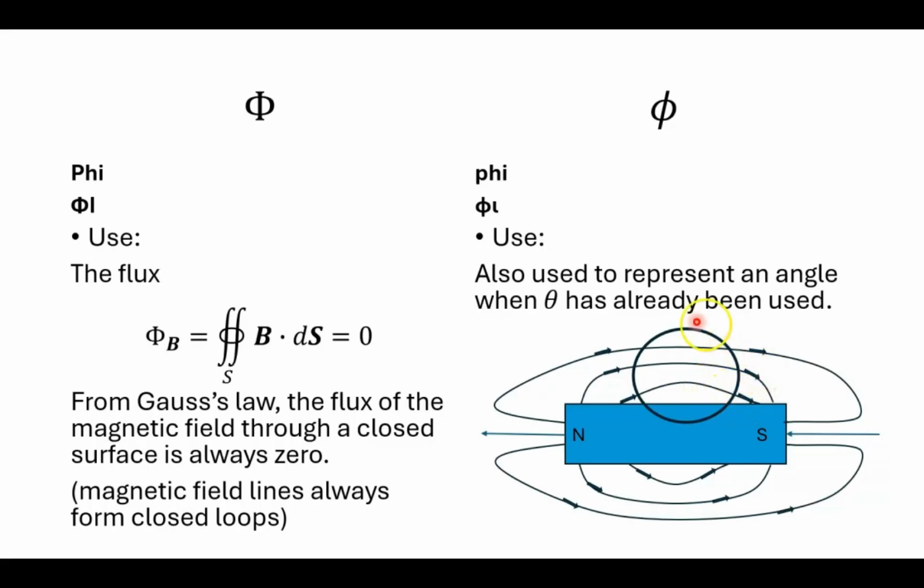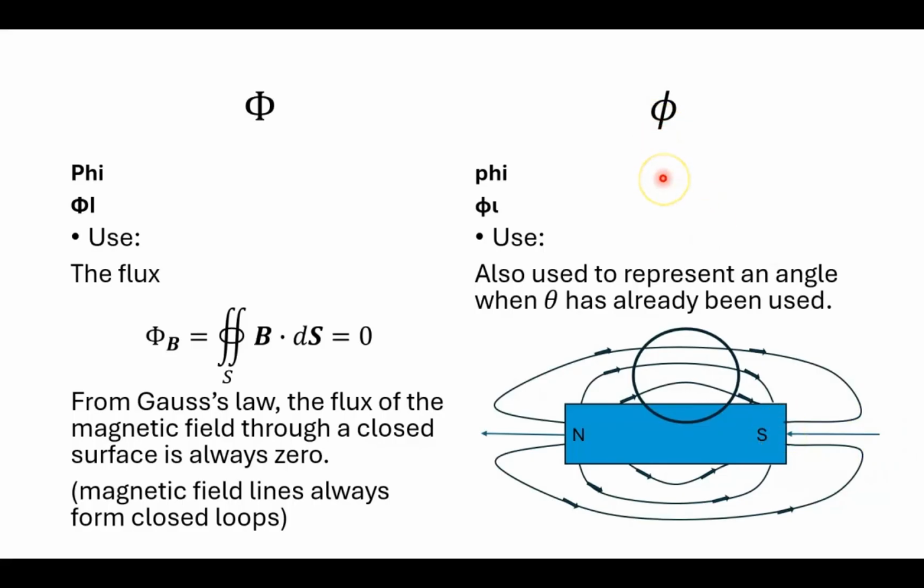So the net flux will be 0 all the time. And for this one, directly in the middle, this field line will go straight to infinity, and the South Pole here will be coming straight from infinity to the South Pole.